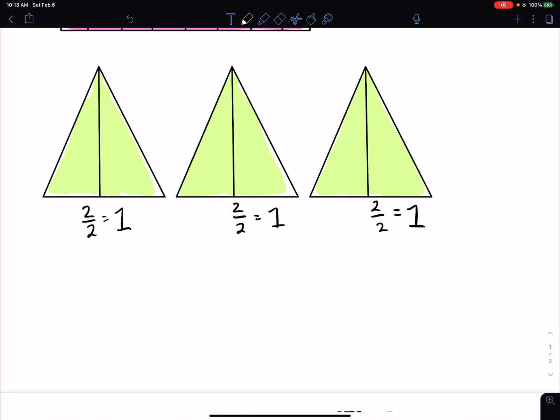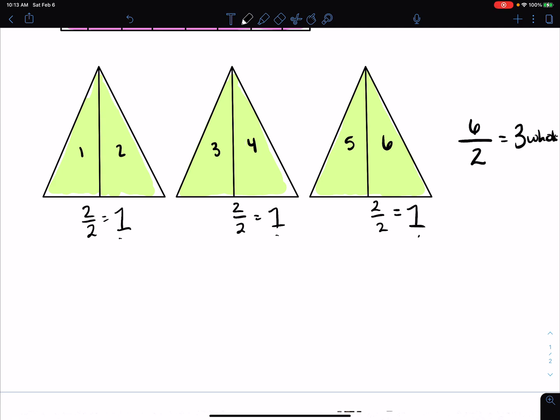Each triangle is cut into 2 pieces, so my denominator is still going to be 2. But now I need to count 1, 2, 3, 4, 5, 6 to give me 6 over 2, which is going to be 3 wholes. There's 1, 2, 3.